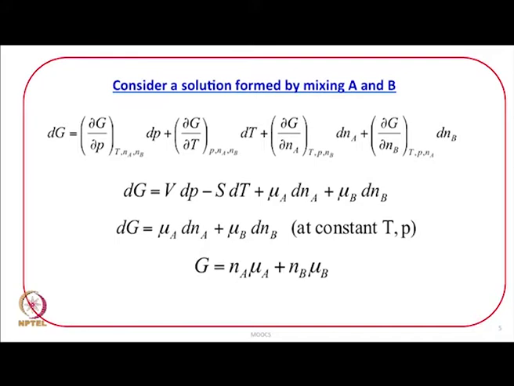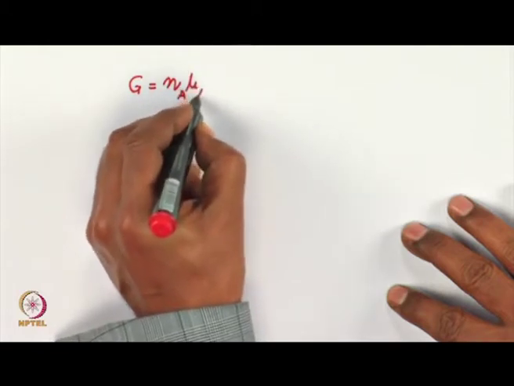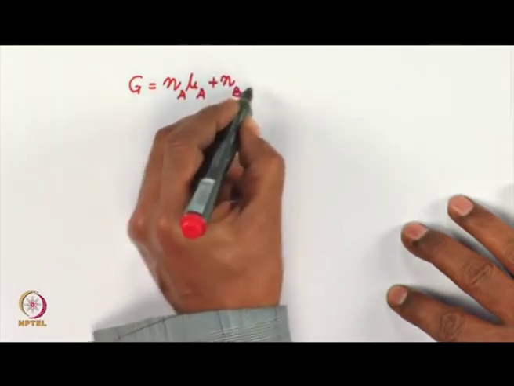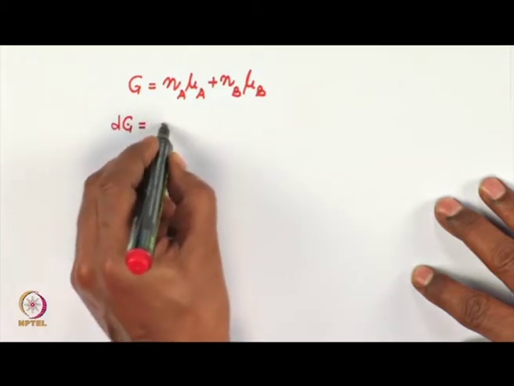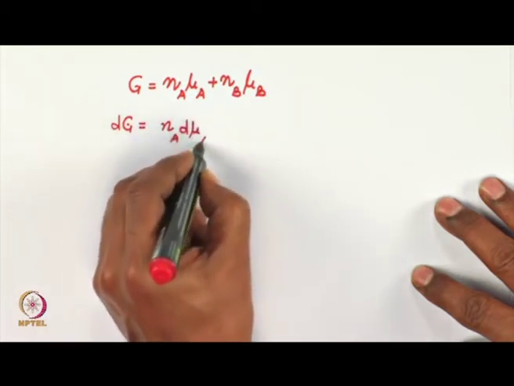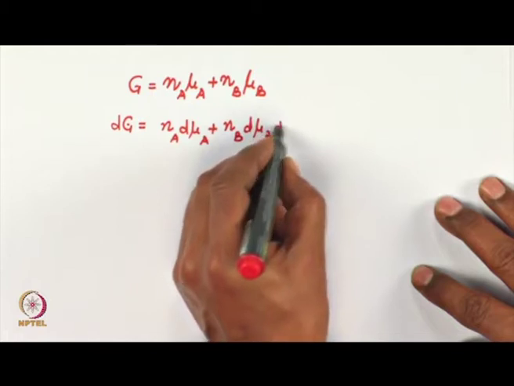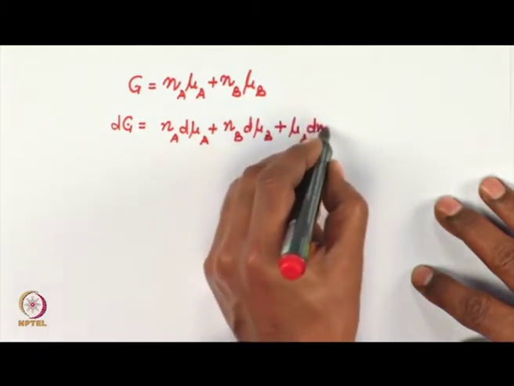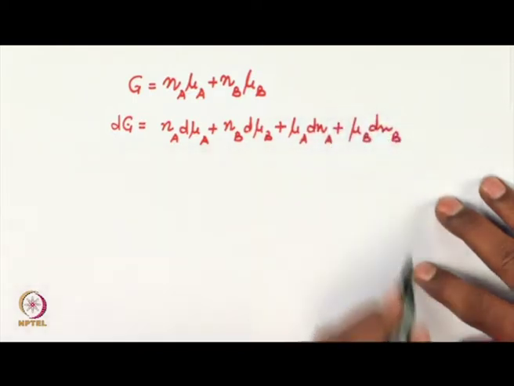So if I have the information on G, we are writing G as Na times mu A plus Nb times mu B. Therefore, dG I can write as Na d mu A plus Nb d mu B plus mu A dNa plus mu B dNb.